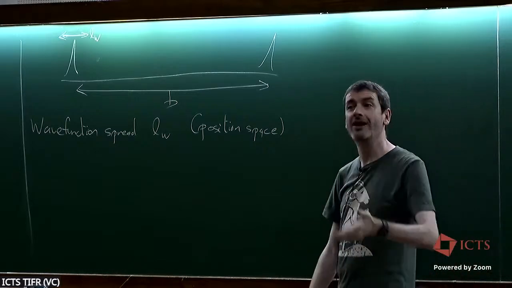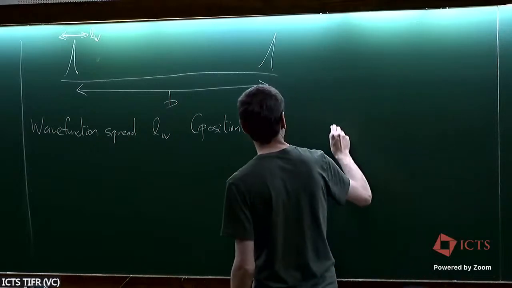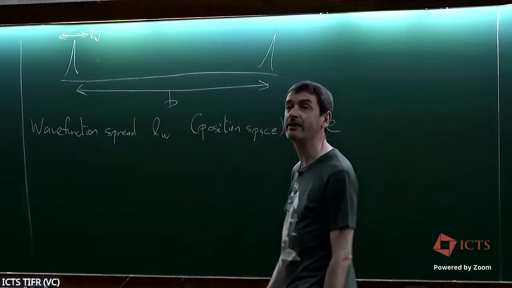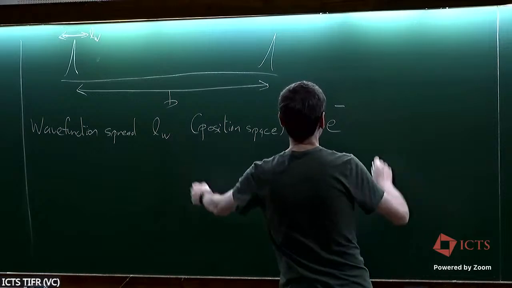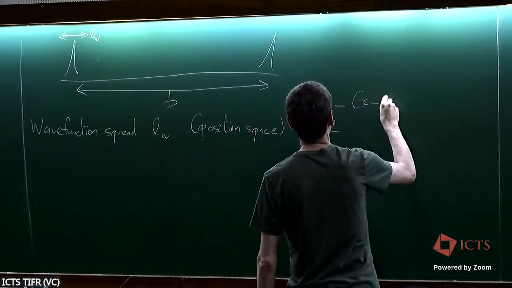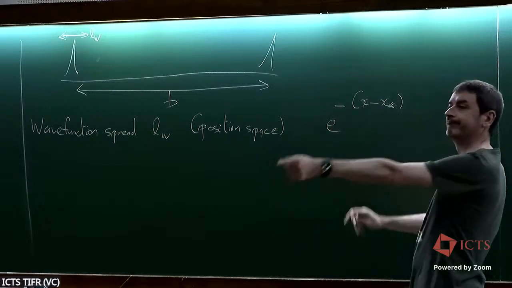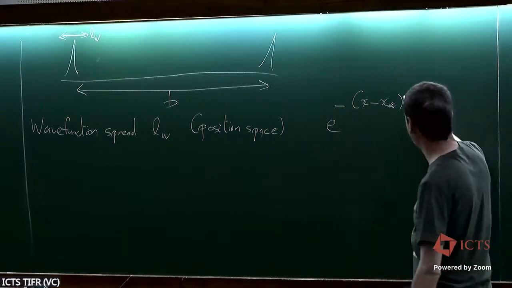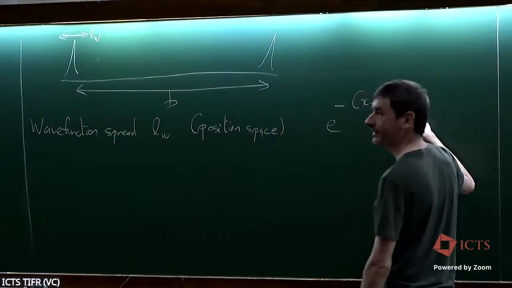But to have an idea in mind, you can think of them as something like Gaussian wave packets. So the position space wave packet will look something like this. There's some central position of the wave packet, and then there's going to be a 1 over LW squared. So that's the size of the wave.